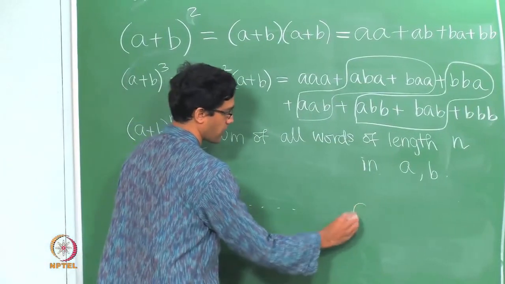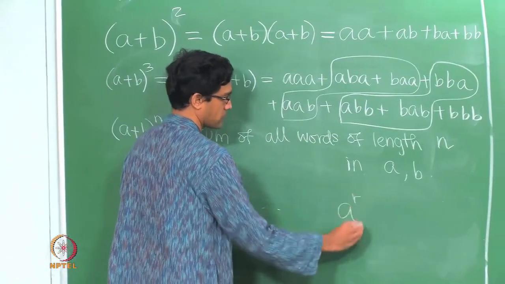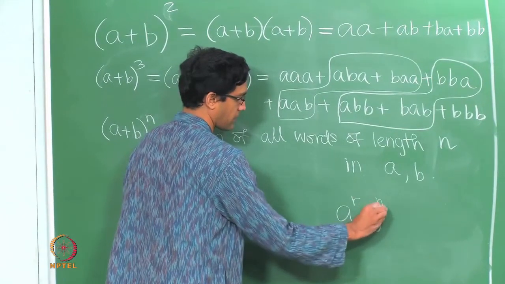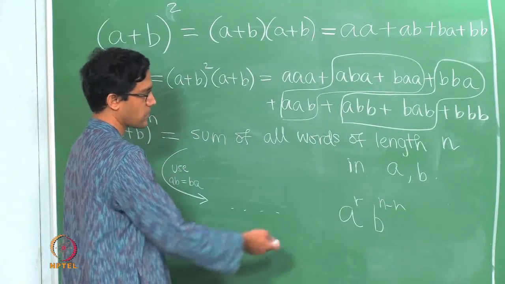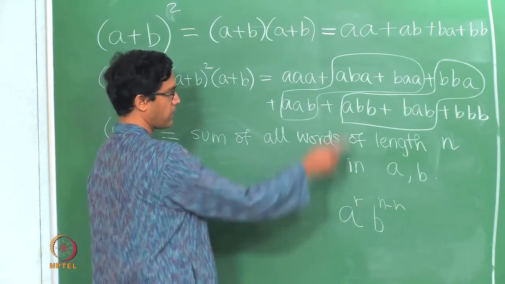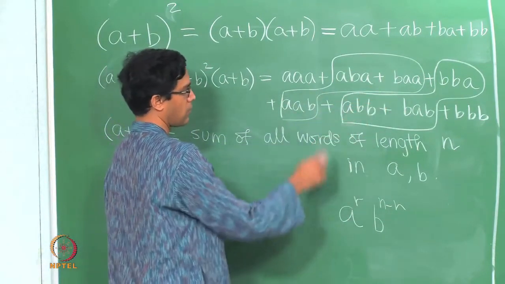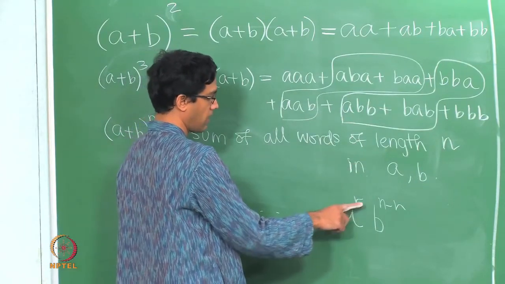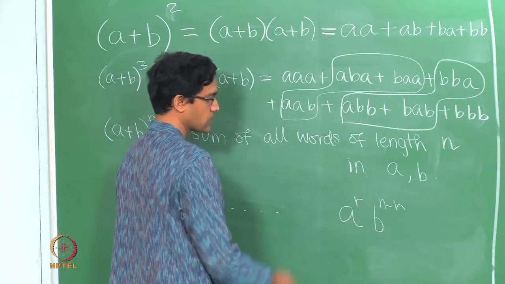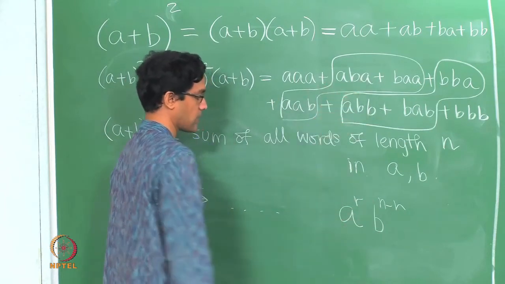So the question is, suppose I have, say, A power r B power n minus r. I want to know how many times this term occurs. Well, every possible word of length n which contains r A's and n minus r B's will collapse to give you the same term.